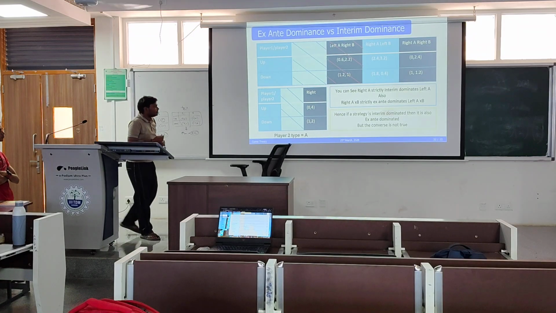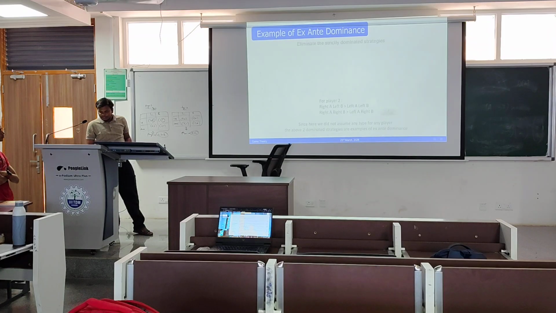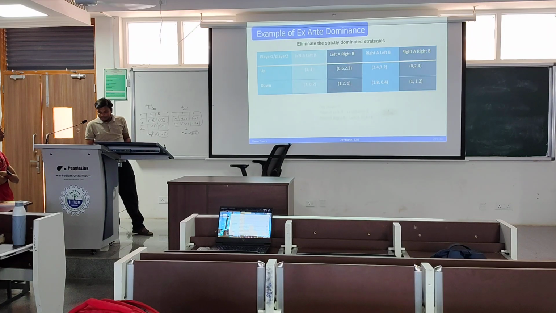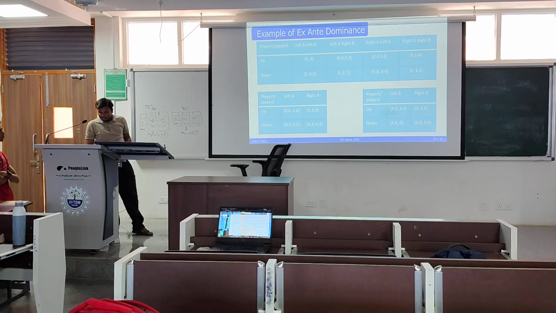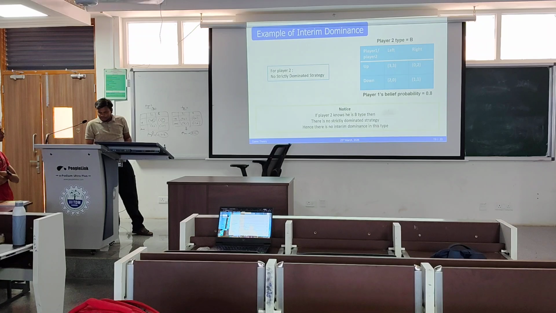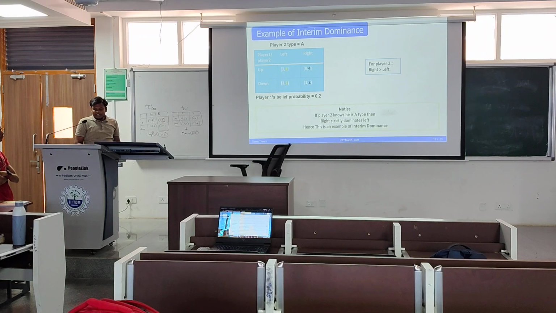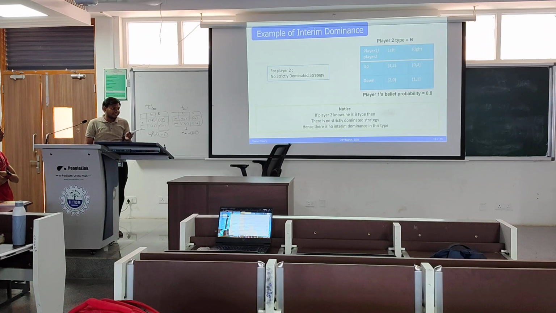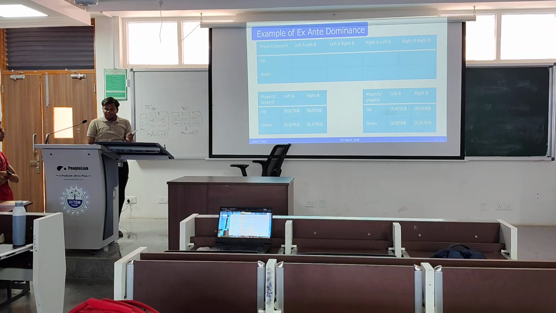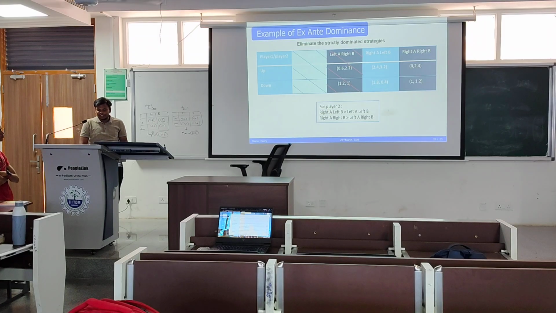And one more thing I want to show you, that there is a theorem. See, left was strictly dominated by right. We got that as an interim strategy, right? So here also you will get left as strictly dominated.